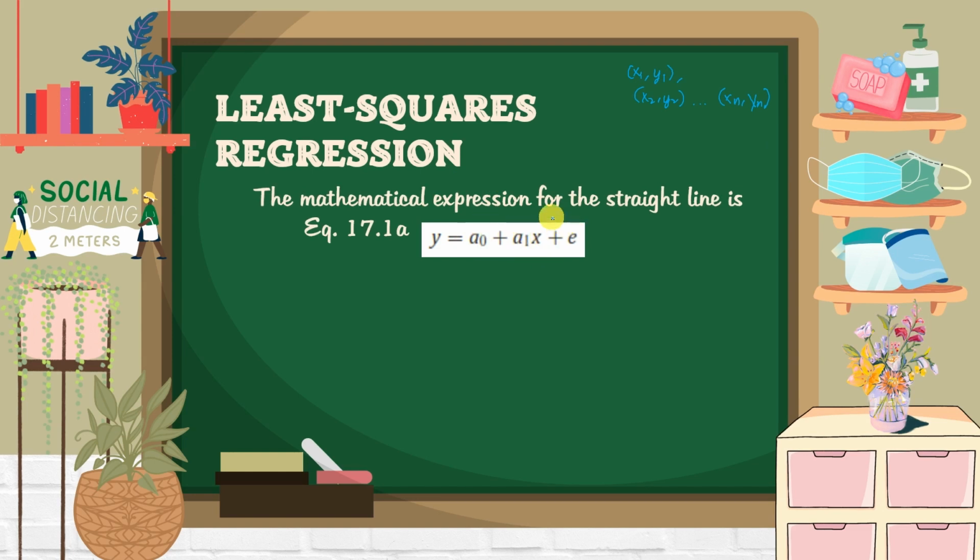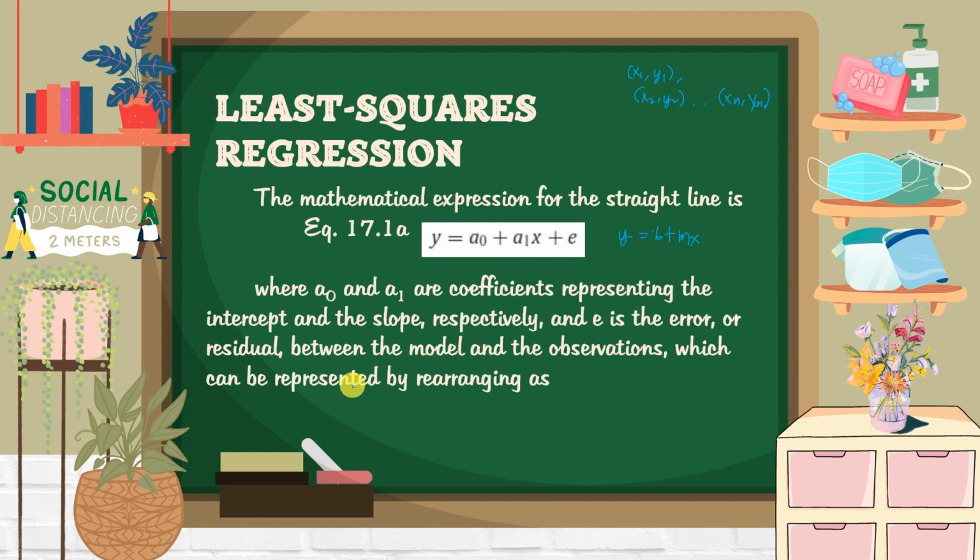So this is simply represented in this particular manner. And you have to take note, class, a sub 0 and a sub 1 are coefficients representing the intercept and the slope respectively, and e is the error or residual between the model and the observations, which can be represented by rearranging this particular equation.